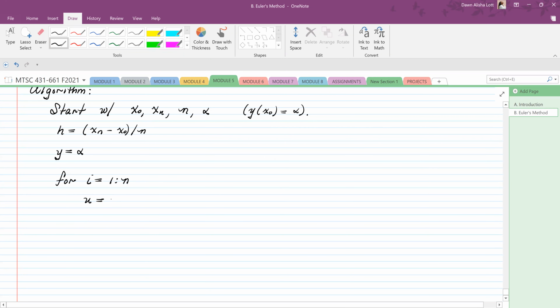Okay, so u is going to be y plus h times f of x and y. Actually, let me compute that first. So k1 is f of x and y. Then u is equal to y plus h times k1.